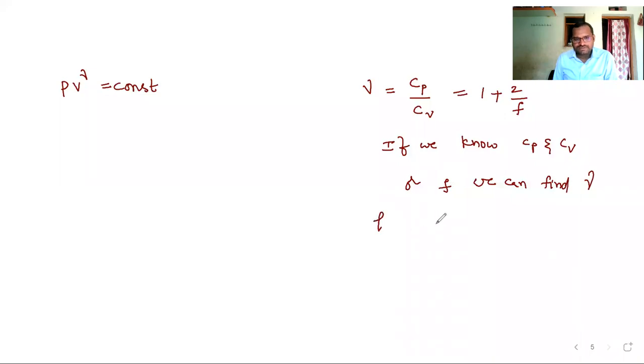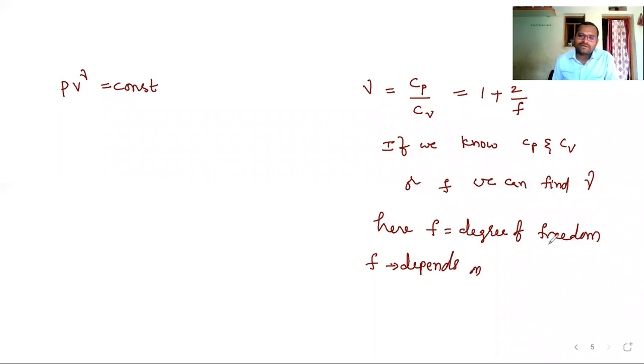Here, F is degree of freedom. F value depends on atomicity of gas. Means either monoatomic gas or diatomic gas or triatomic gas or polyatomic gas, like that.